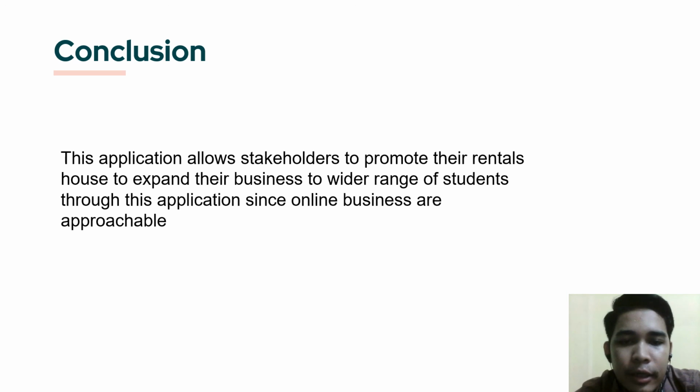This application provides a list of rental houses where stakeholders can input the information, and then the student can see it displayed automatically. This application solves the problem of promoting rental houses and the difficulty of students finding houses.